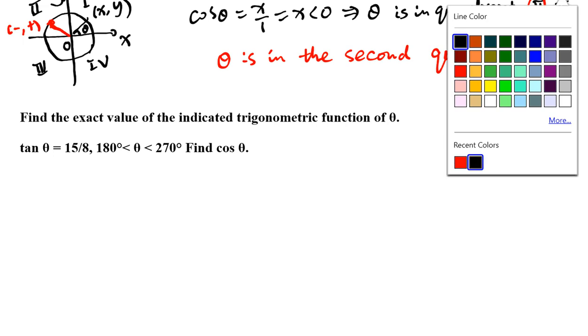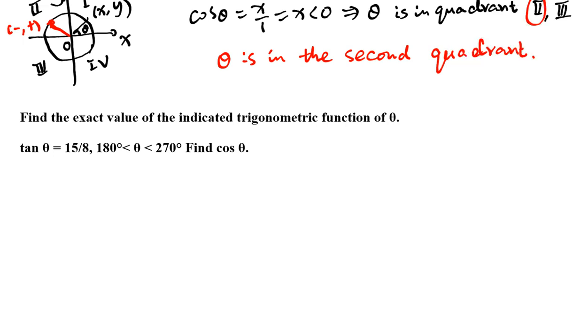Now how about the second question? We want to find the exact value of the indicated trigonometric functions of theta. We are given tangent theta is 15 over 8. Okay, now let's first figure out the absolute value.